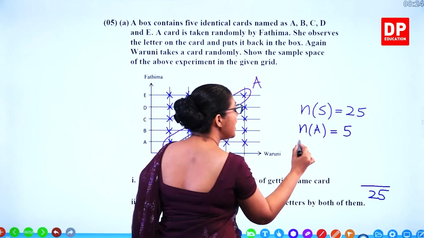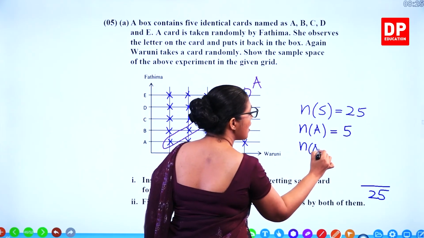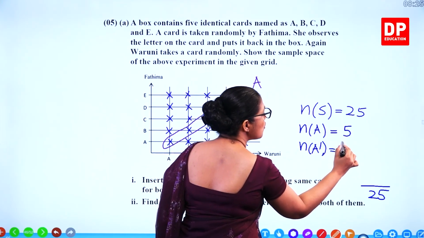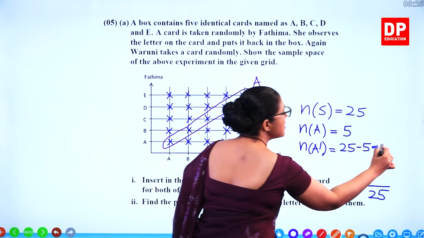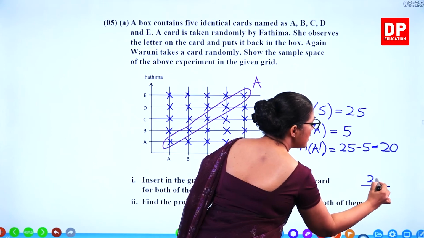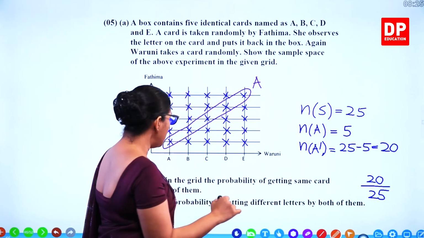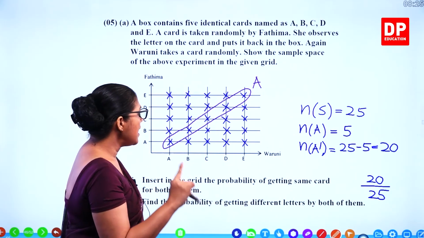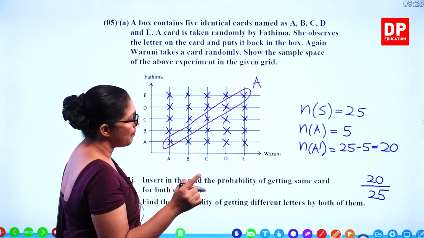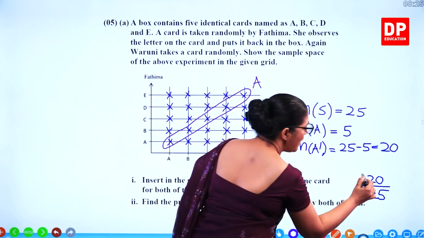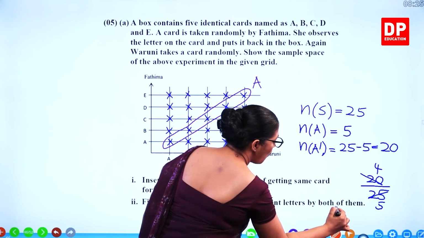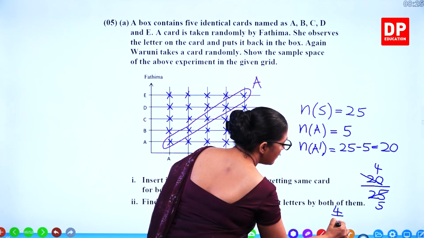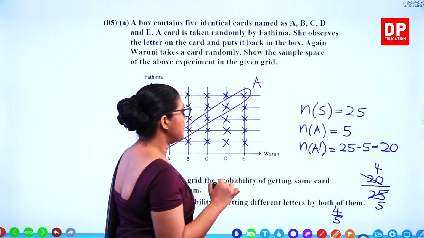So we need n(A'), outside A. So 25 minus 5, you get 20. So 20 over 25 is the required probability, getting different letters by both of them. So you can simplify: 5 times 4, 5 times 5. So 4 over 5 is the required probability.